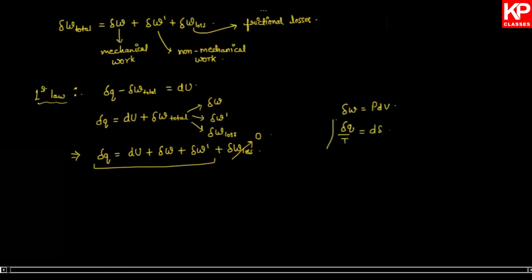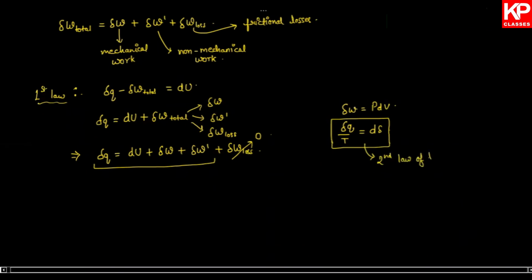This expression for change in entropy will come up when we deal with the second law of thermodynamics. This is basically the main equation required as per the second law.